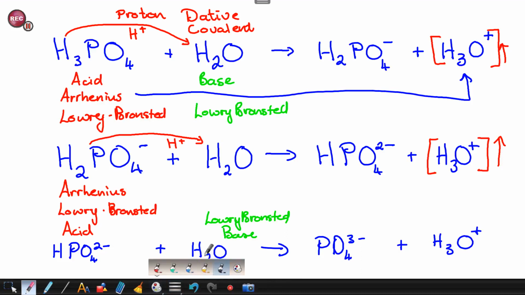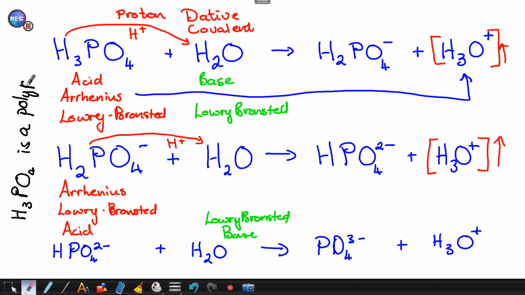So H3PO4 is a polyprotic acid. It means it can donate more than one proton. It's got 3 protons to donate.